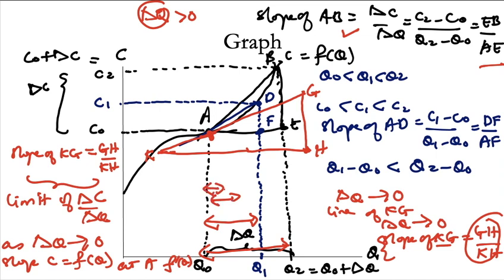So as the change in Q or output becomes smaller and smaller, the slope at point A, or the slope of line KG, which is a tangent to the cost function at point A, is actually HG over KH, and this slope at point A represents the derivative of the cost function. So this is how a derivative can be explained in the form of a graph.